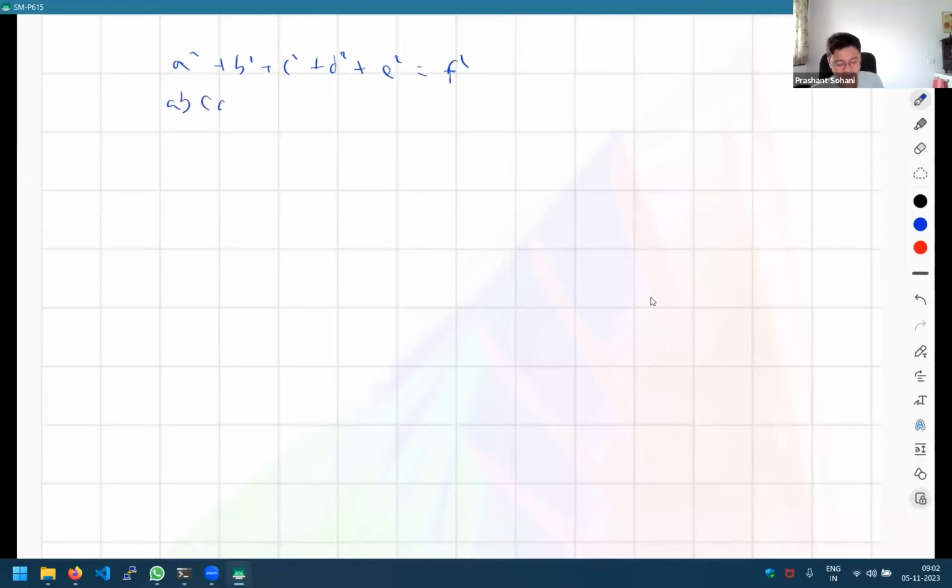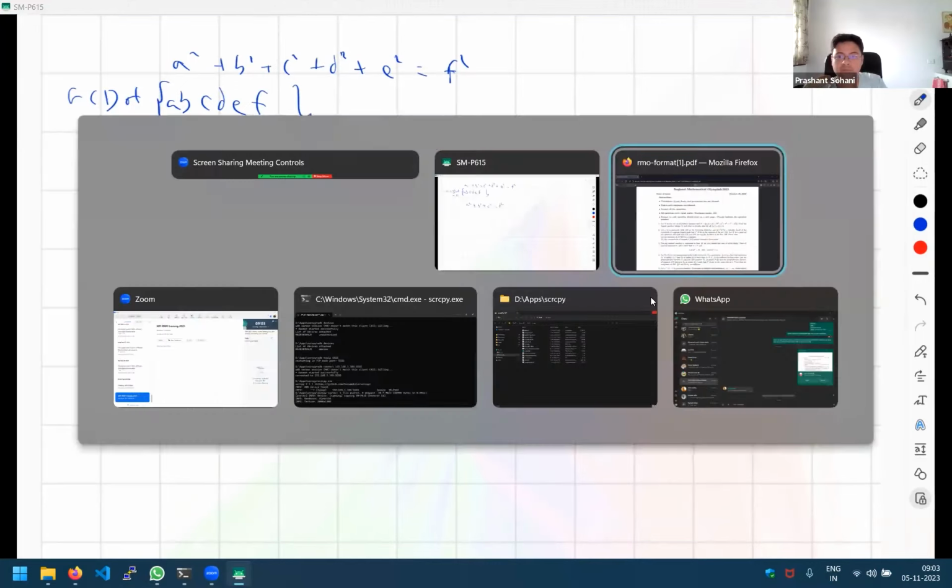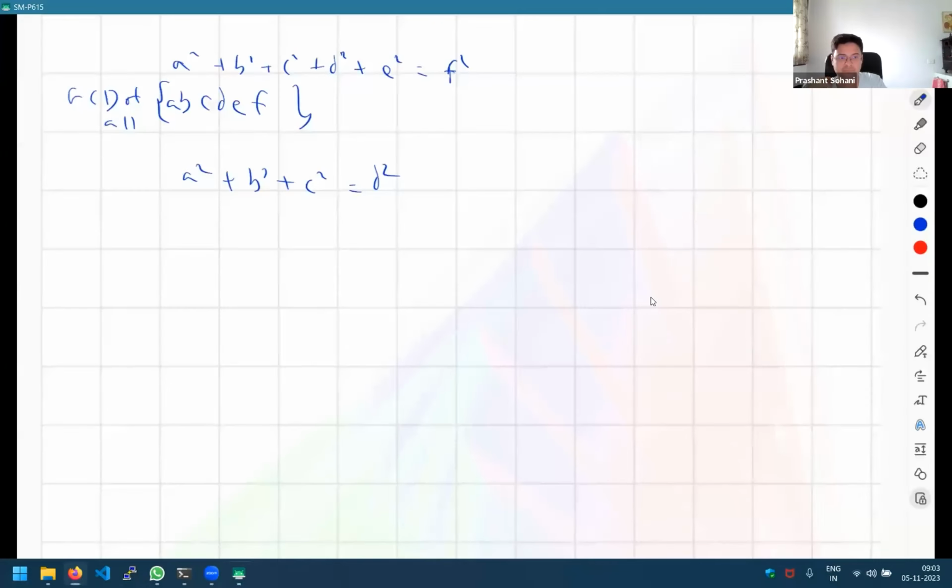So the product ABCDEF, we have to find the GCD of all such products. So in a way this is the same question which we are doing now. The difference is, instead of six terms we have only four terms, right? Otherwise the question is quite similar actually.